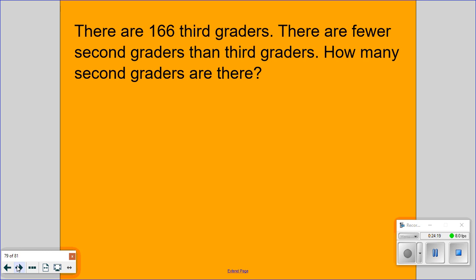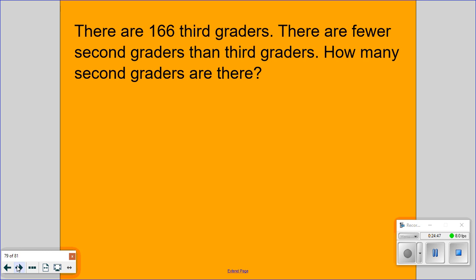Based on this problem, what could be the number of second graders? Bryson? 165. It could be 165. Bryson, how do you know that? Yeah, beautiful. 165 is fewer. It could be 165. What else could it be?